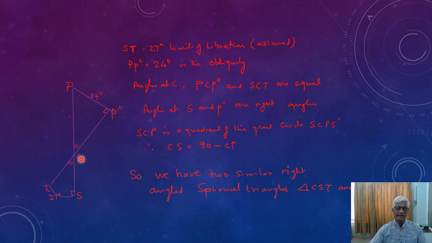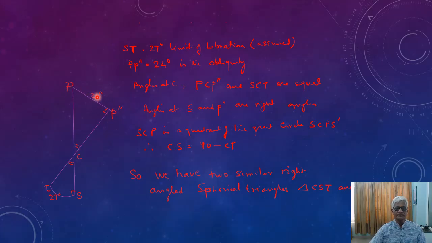The point C here, P dash and T, this is one arc of a great circle. P and S, this is part of the solstitial colure. ST is the arc of 27 degrees. P dash represents the obliquity because it is the angle between the pole, equatorial pole and the equinoctial pole.